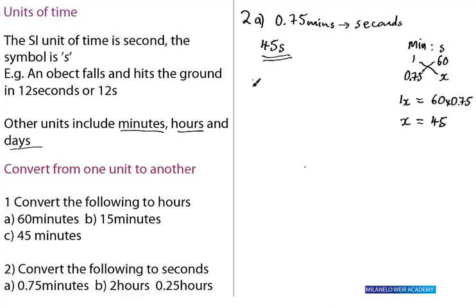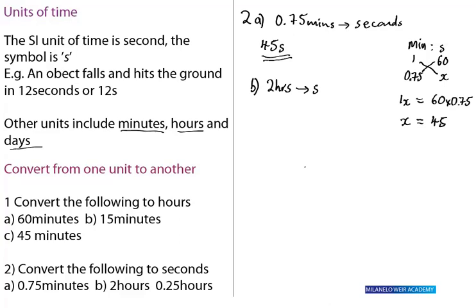Then B, 2 hours to seconds. We have to convert first 2 hours to minutes, then from minutes to seconds.